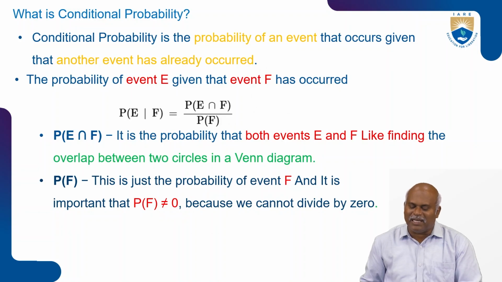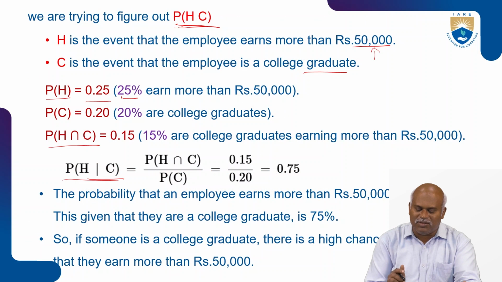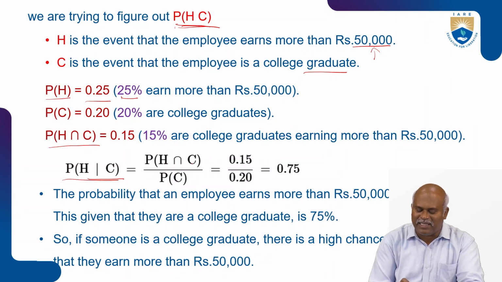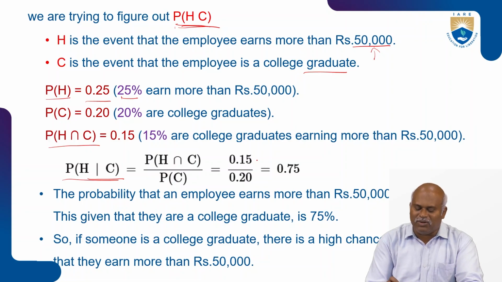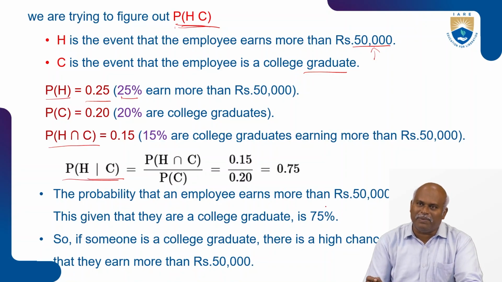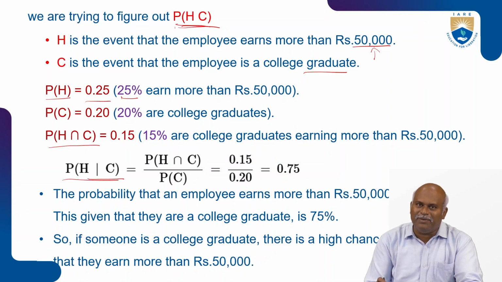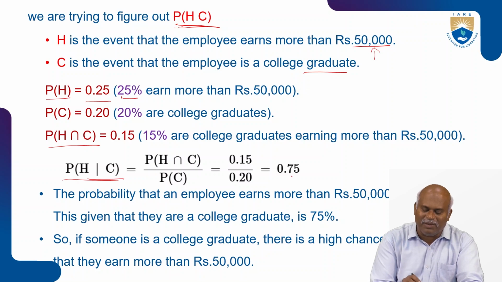We apply it to this employee case: P of H and C divided by P of C. The 15% of employees earn more than 50,000, whether graduated or non-graduated. Then P of C, the graduated people, is 20%.